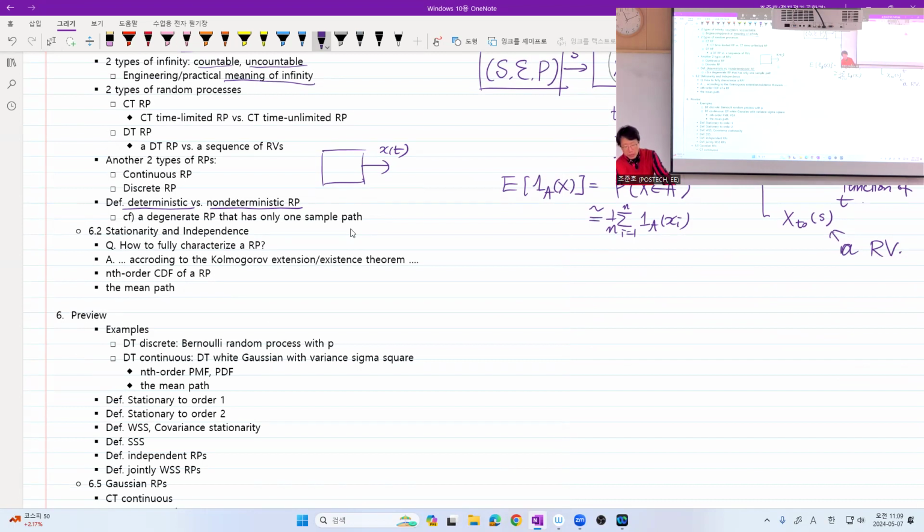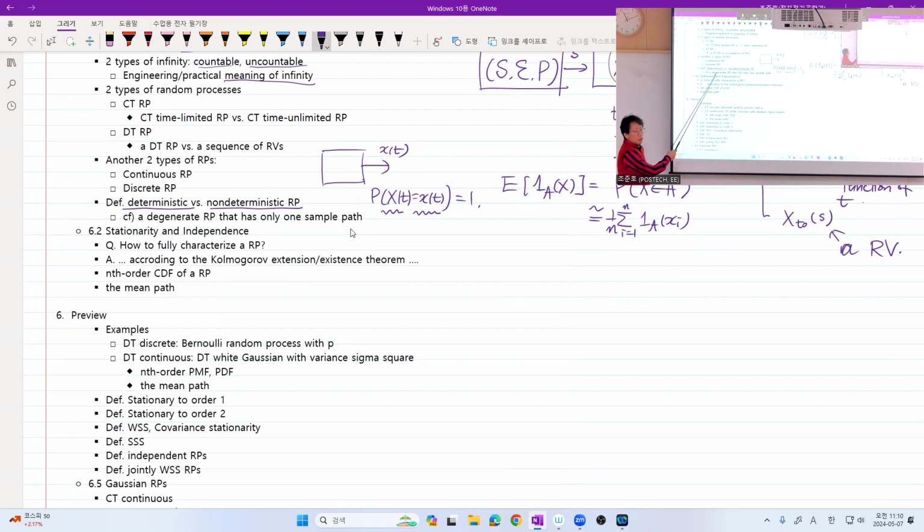In that case, you may say that with probability 1, your random process equals x of t. Got it? This is not the definition of a deterministic random process. This is just a deterministic signal modeled probabilistically just for convenience.